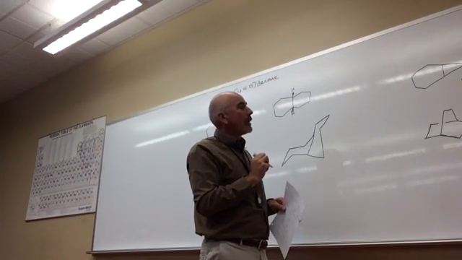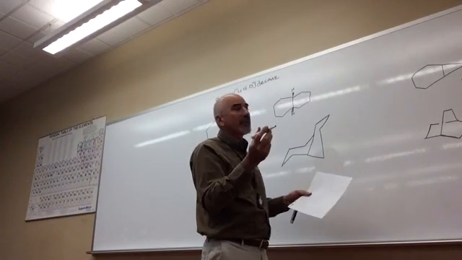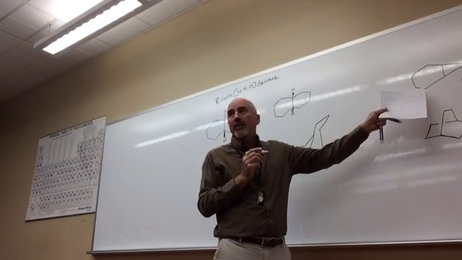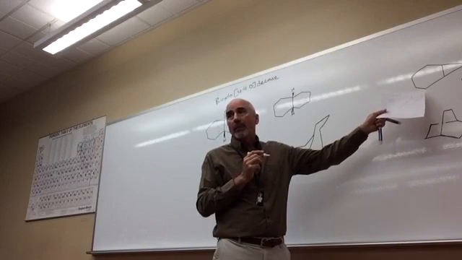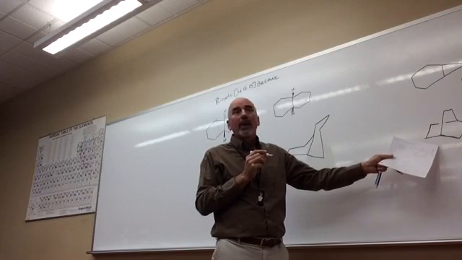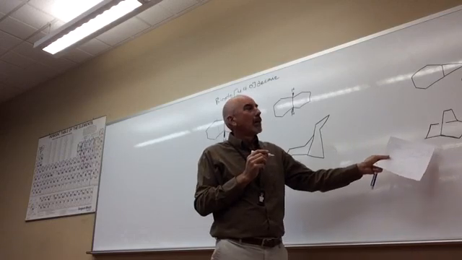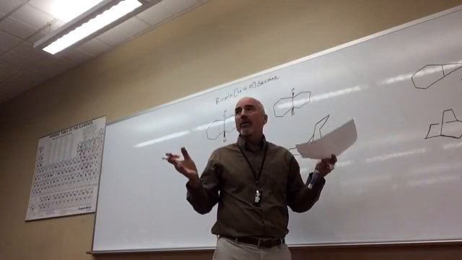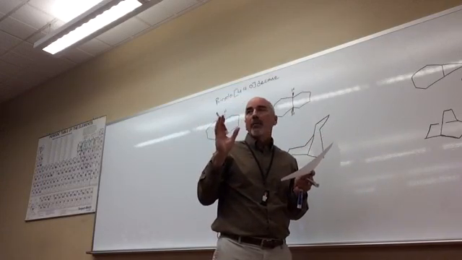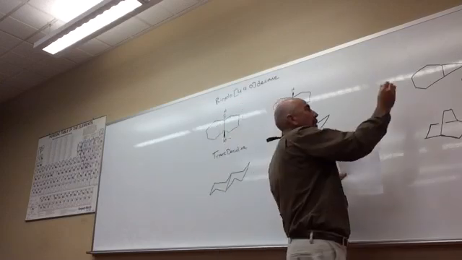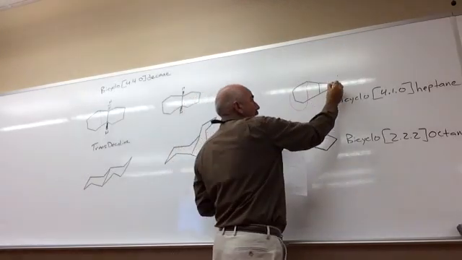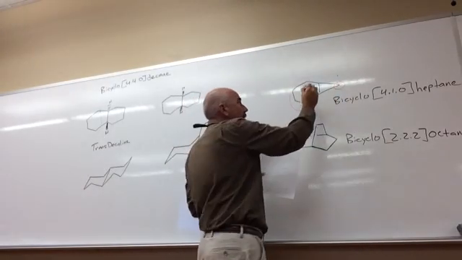So what you do is you say, well, first of all, how many total carbons there are. So there's 7 total carbons there, so it's going to be a heptane. 8 total carbons there, so it's going to be an octane. And then you say it's bicyclo. And then you say how many carbons are in each chain of the ring. So here I have 4, here I have 1, and here I have 0.